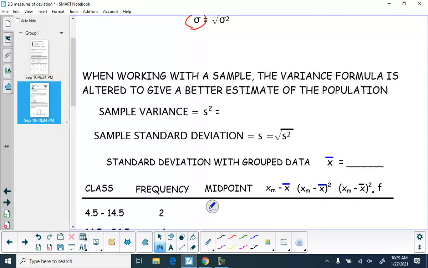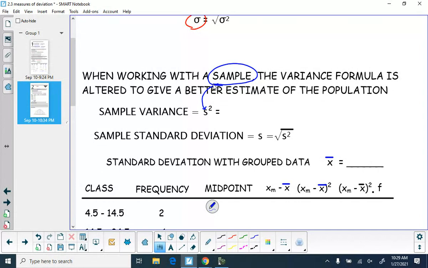When you work with a sample, the variance formula is altered to give a better estimate of the population. Once again, if we're working with a sample, we now use our Roman letters, an S, rather than sigma. Greek letters, sigma, that's a population.